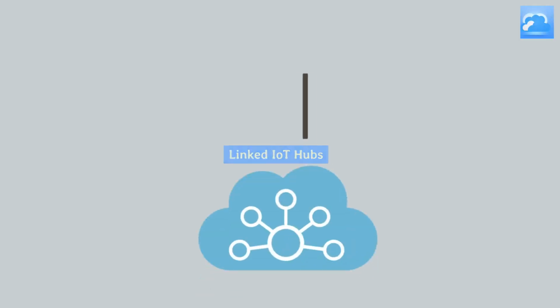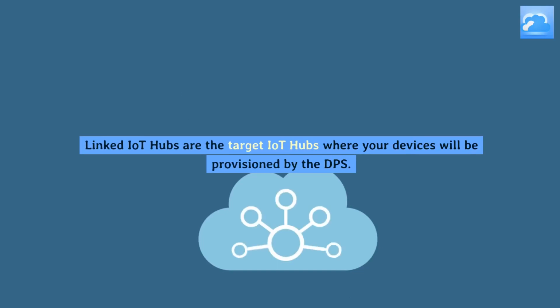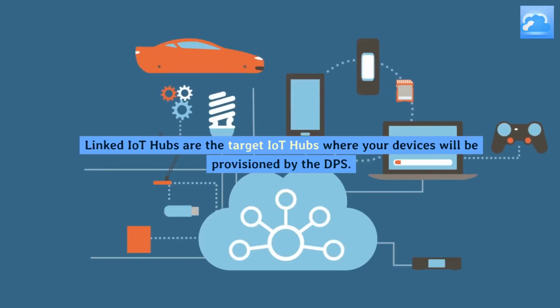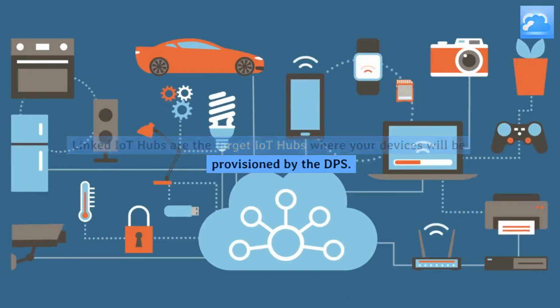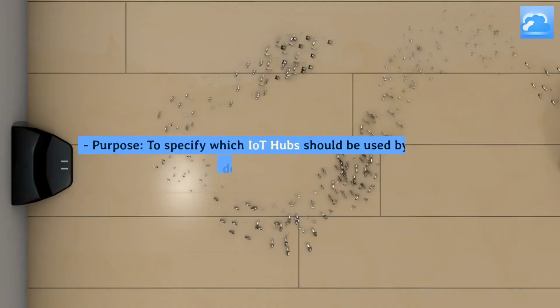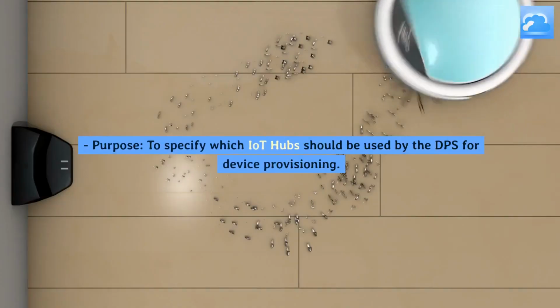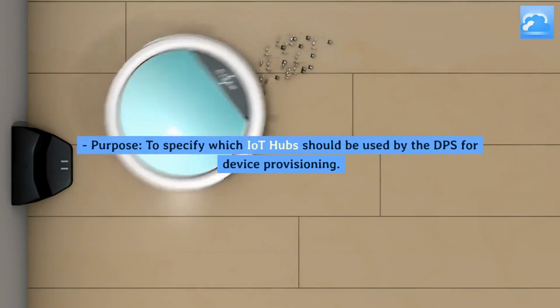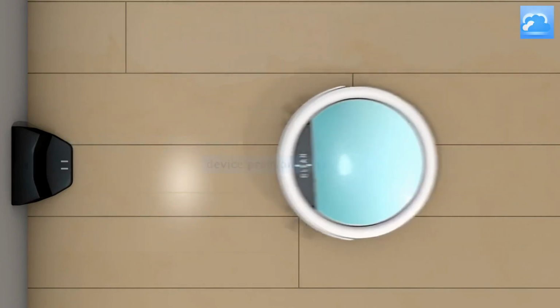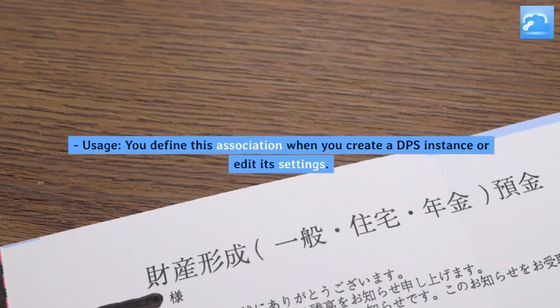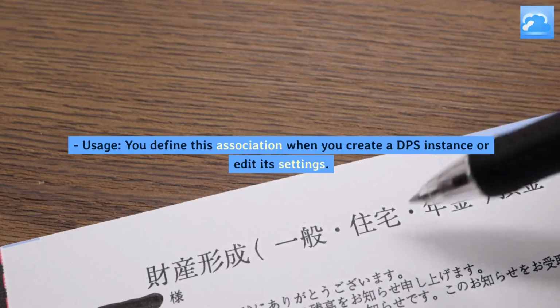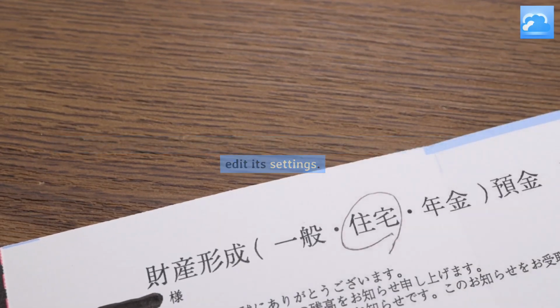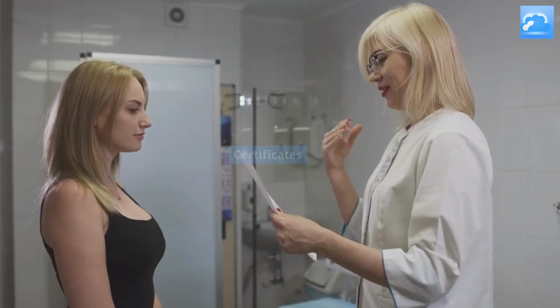Linked IoT hubs. Linked IoT hubs are the target IoT hubs where your devices will be provisioned by the DPS. Purpose: to specify which IoT hubs should be used by the DPS for device provisioning. Usage: you define this association when you create a DPS instance or edit its settings. Certificates.